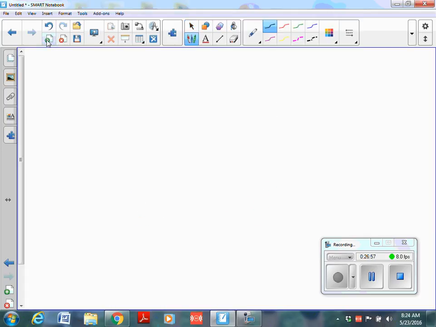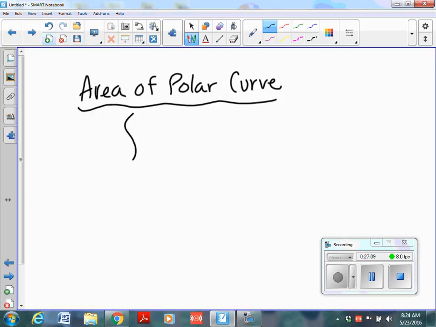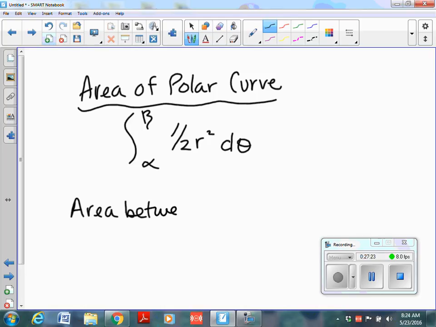Okay, the next part. I'm going to give you all of these formulas. Area of a polar curve: you're going to integrate from alpha to beta, 1/2 r squared d theta. That's the area of a polar curve. But how do you find the area between two polar curves?